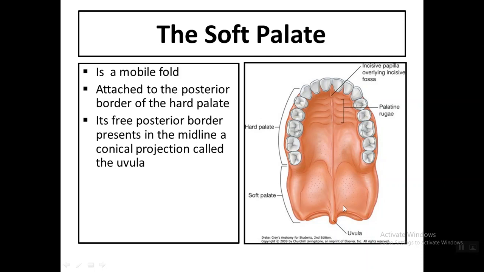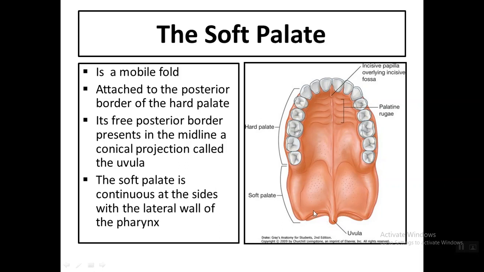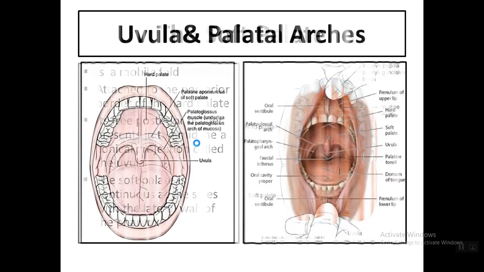It has a free posterior border, and in the midline there is a conical projection. هذا النتوء اللي هو شكله مخروطي. We will call it the uvula. From the free posterior border of the soft palate we have this conical projection that is called the uvula. The soft palate is continuous at the side على الجوانب with the pharyngeal wall. How?